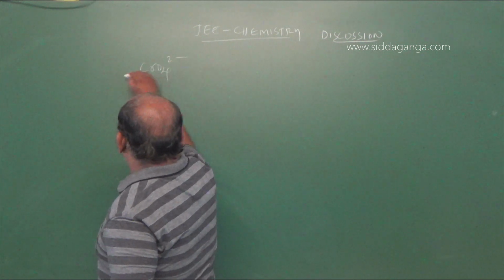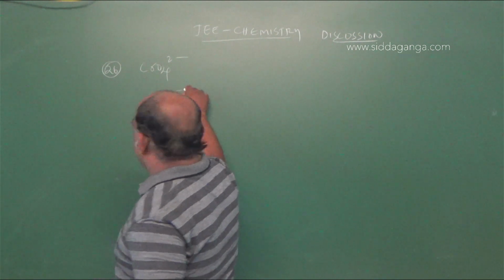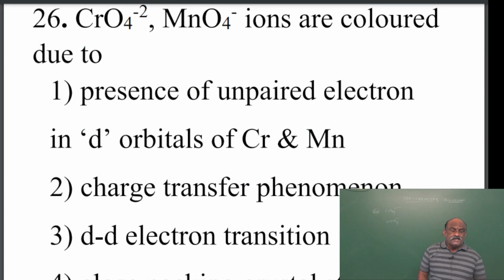Once you go through that question, my dear students, CrO4 2 minus is called a chromate, MnO4 minus is called the permanganate, ions are colored.